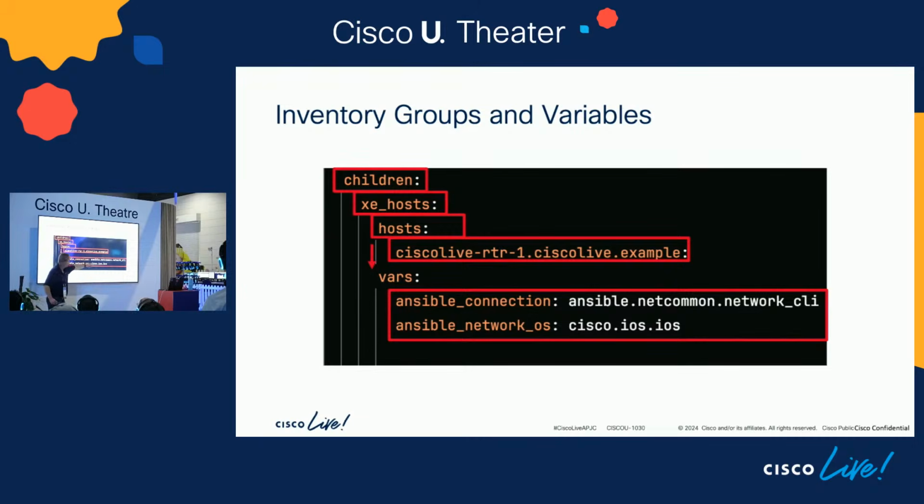But in this case, we're going to use network_cli, and we're going to tell it that the operating system here is Cisco IOS. Where do I get this? cisco.ios.ios. I could have easily made it up. I try not to do that. No, you just go onto the Ansible documentation and you find the module set matching the platform that you want, and it will be in the documentation. It tells you here are the supported network types. So we just fill that in.